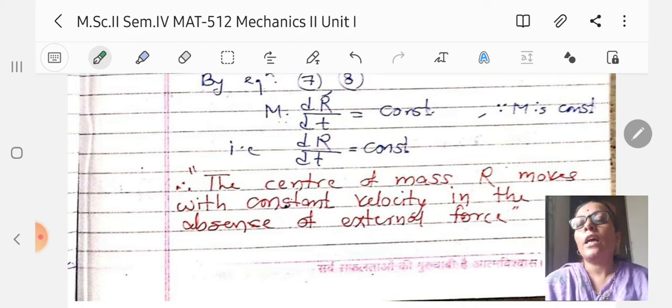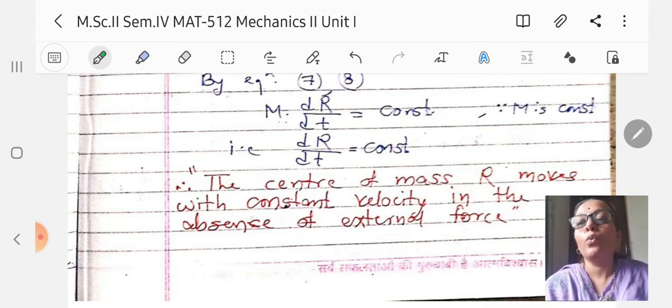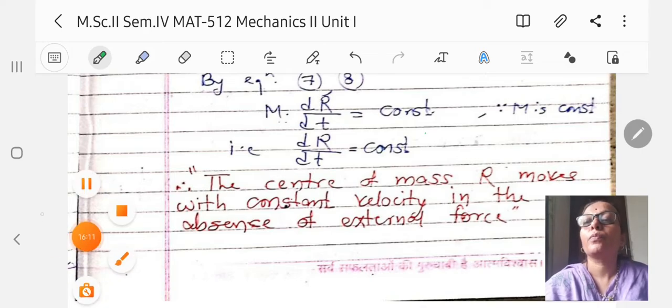Therefore dr by dt is equal to constant. That is, the center of mass r moves with constant velocity in the absence of external force, since the external force Fe is absent.